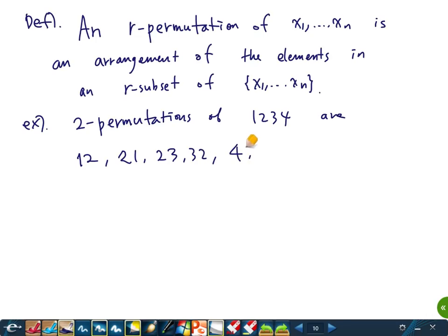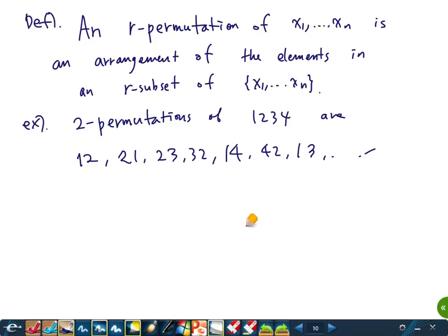I'm just listing some random ones: 4, 2, 1, 3. There are many. So these are examples of 2 permutations. You select 2 of them and then arrange them. Okay? So the natural question, of course, here is how many R permutations are there?